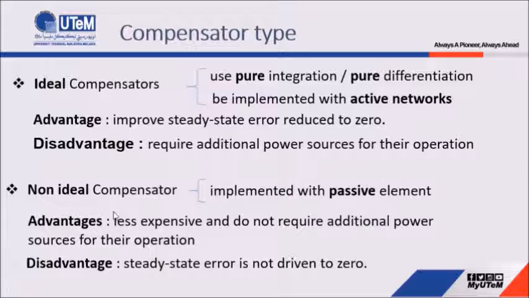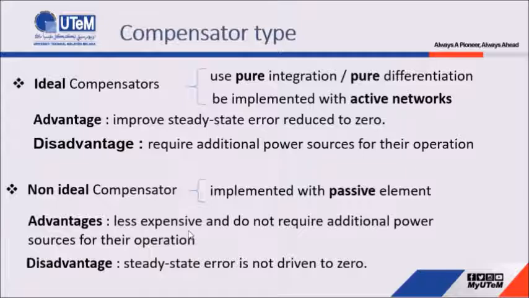For non-ideal compensator, we can implement it only based on passive elements. Passive elements in this case mean we use basic components in electronics, that is resistor, capacitor, and inductor. For active network, we use operational amplifier. The advantage of this non-ideal compensator is that it is less expensive and very cheap.